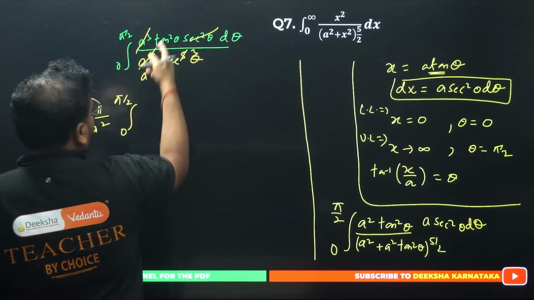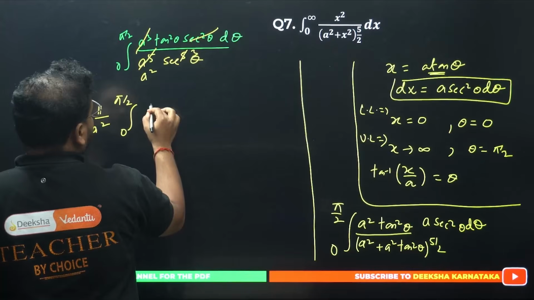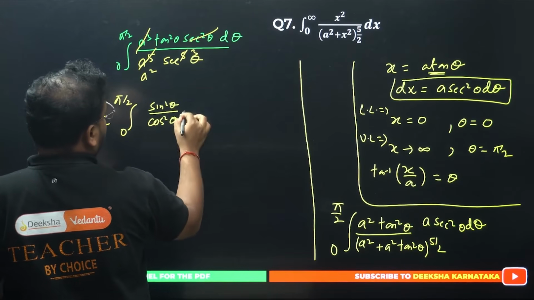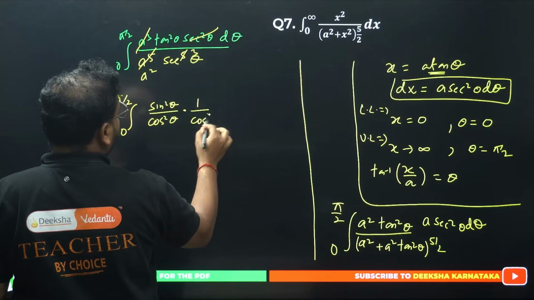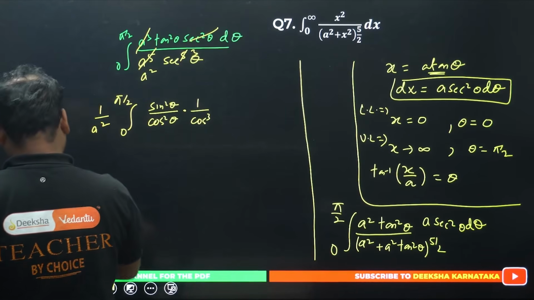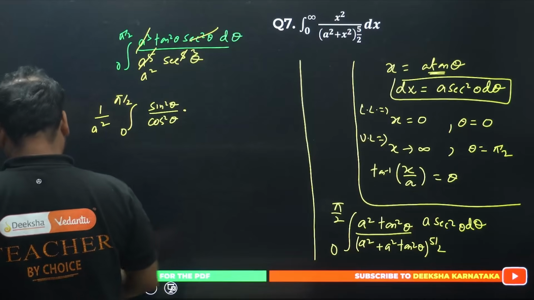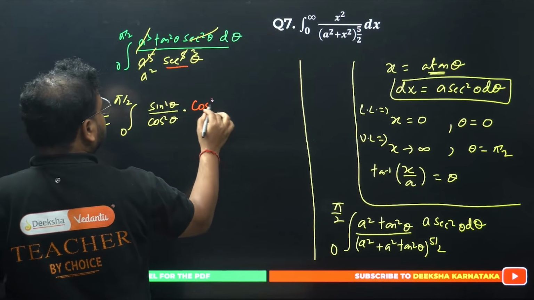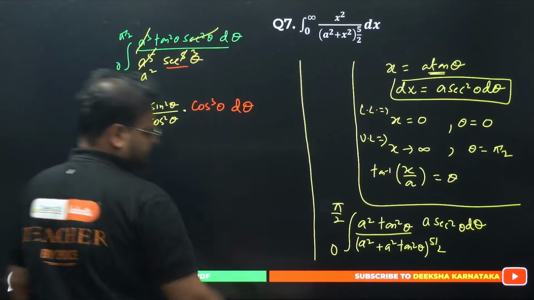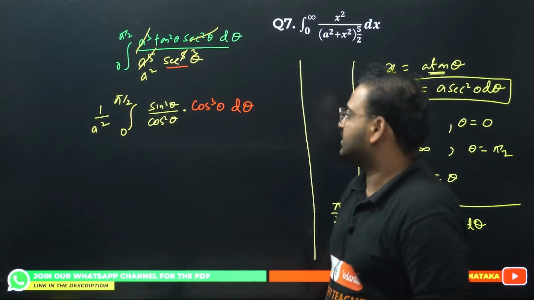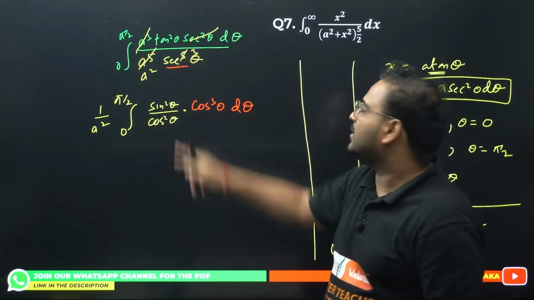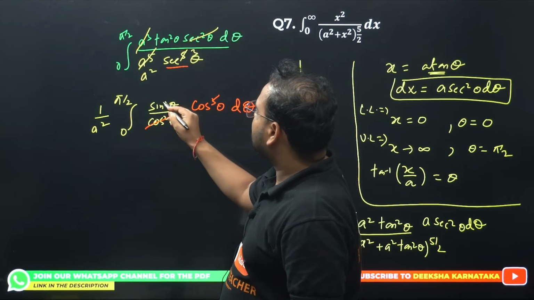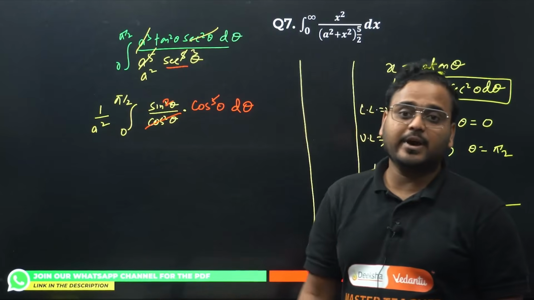Tan square will become sine square theta by cos square theta, and I have sec cube in the denominator. It will go up as cos cube theta d theta. I had sec power 3, it will become cos cube. So this will cancel. Now I have sine square theta cos theta d theta.